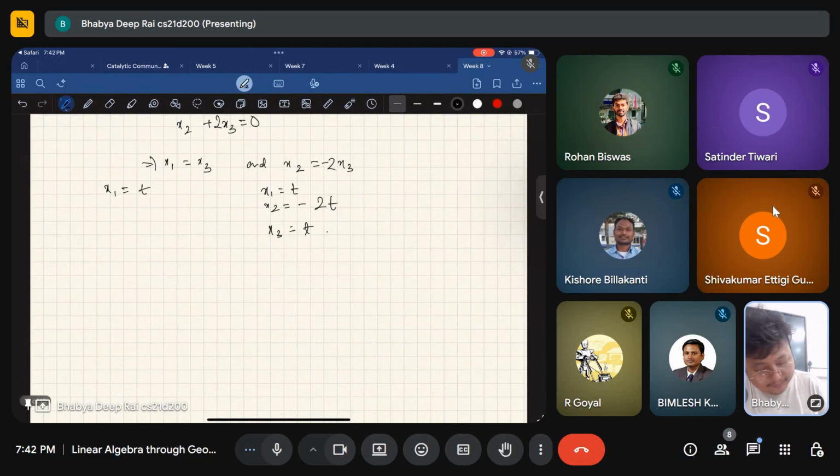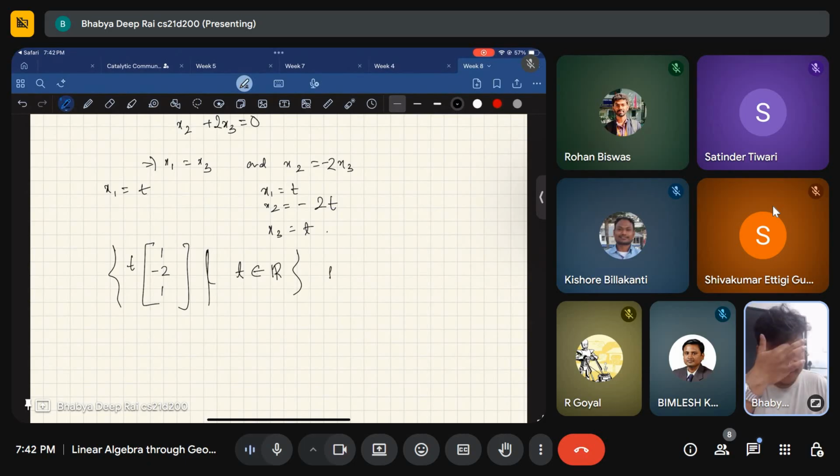So t times (1, minus 2, 1). These set of vectors form the null space. This is the null space. And what is the dimension?